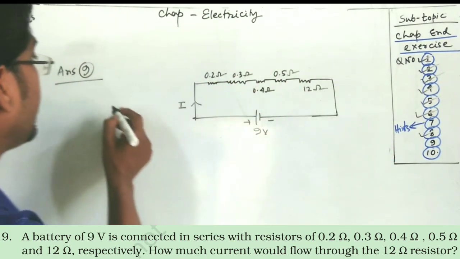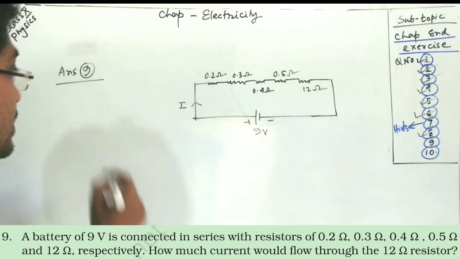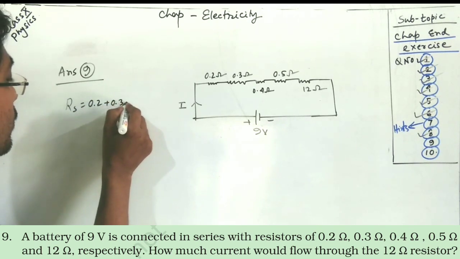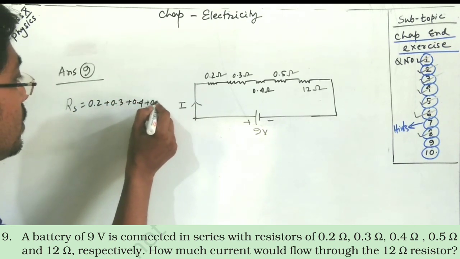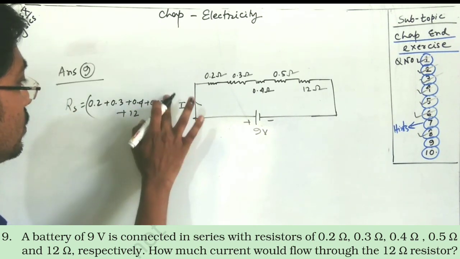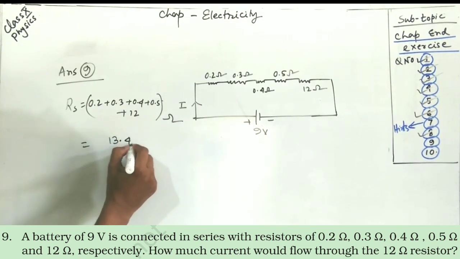So what is the current here? Applying the formula V is equal to IR. First of all, you have to find the equivalent resistance. Equivalent resistance will be Rs is equal to 0.2 plus 0.3 plus 0.4 plus 0.5 plus 12 ohm. So it will be 13.4 ohm.